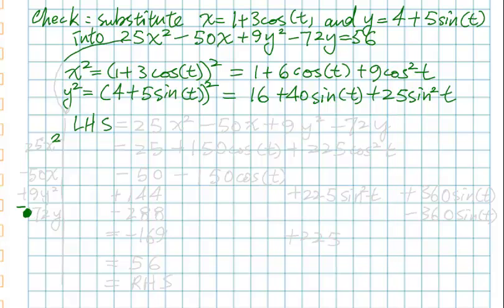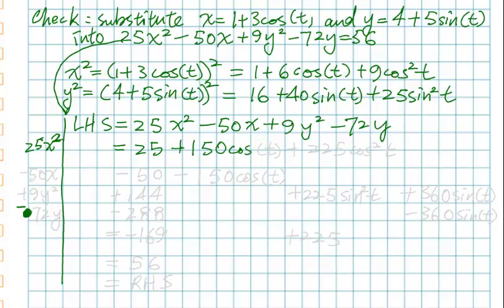The left-hand side of the equation equals 25x squared minus 50x plus 9y squared minus 72y. We will take a look at each term and organize our computation to make it easier. For the first term, 25x squared, we have 25 plus 150 cosine of t plus 225 cosine squared of t.